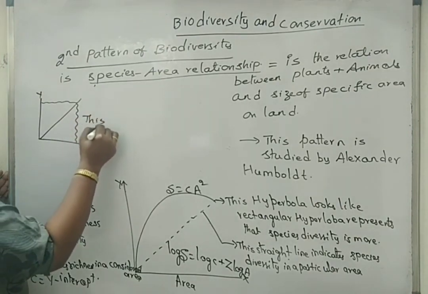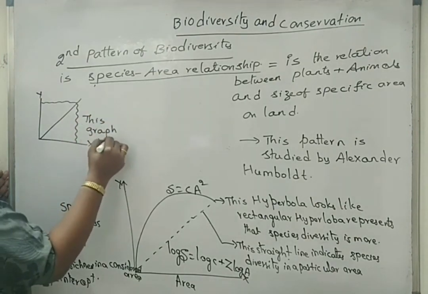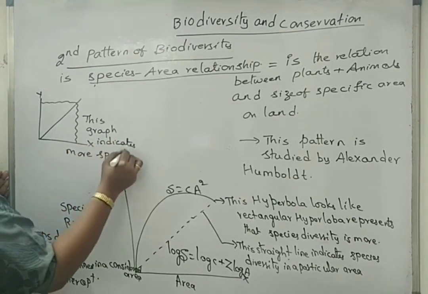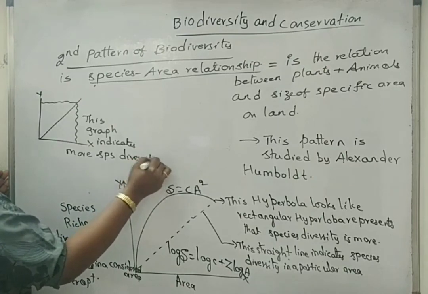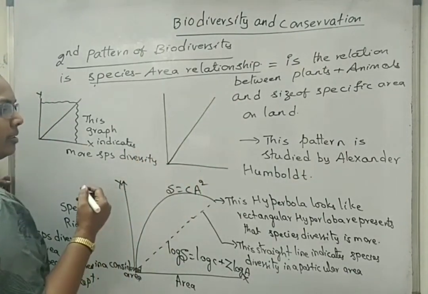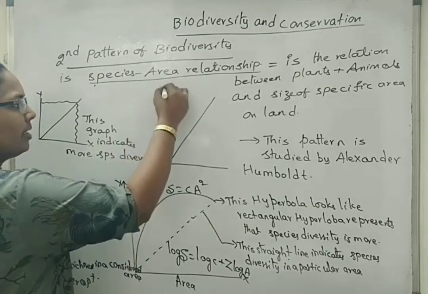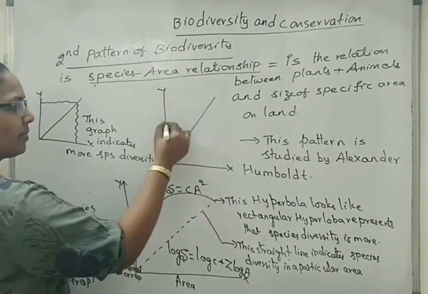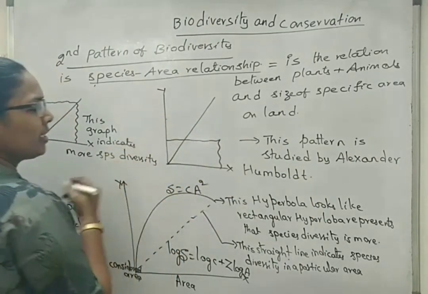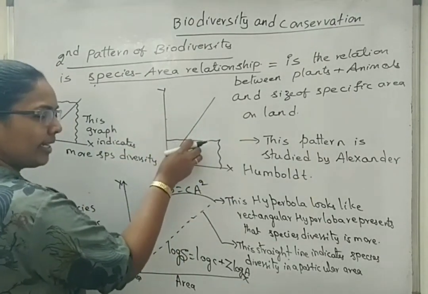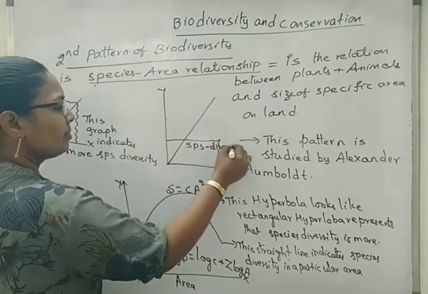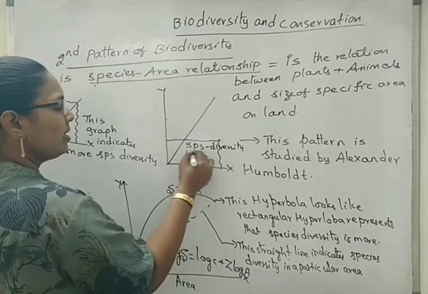This graph indicates more species diversity. If we take another graph, and again the slope line is drawn in the graph, with y-axis and x-axis, and they have given some representation like this, what is this area indicating? Still we can say here species diversity is more.